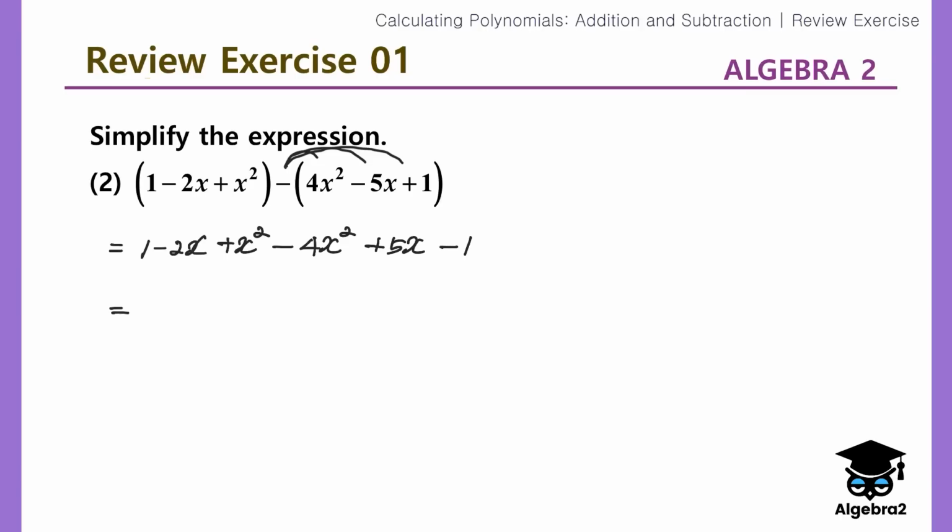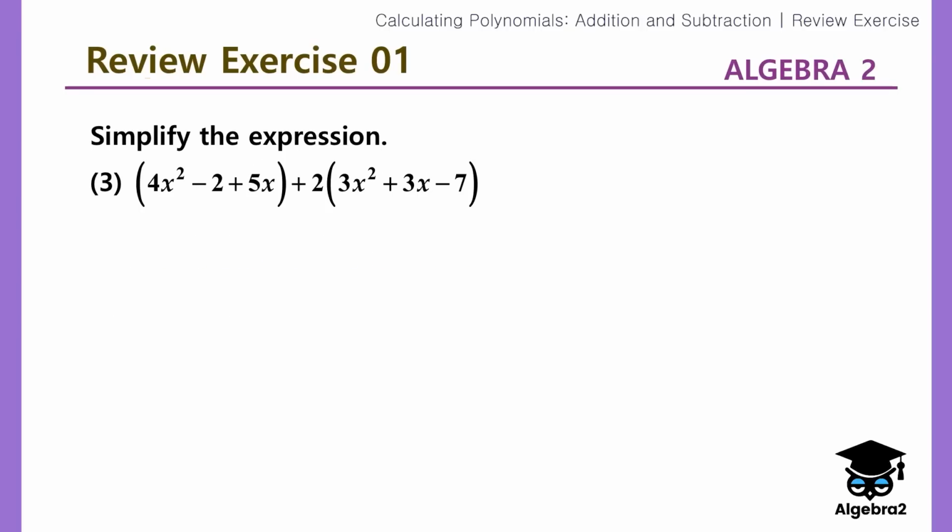So we have x squared minus 4x squared. 1 minus 4, that's minus 3x squared. We have minus 2x plus 5x. So minus 2 plus 5, that's plus 3x. And 1 minus 1, that's 0.